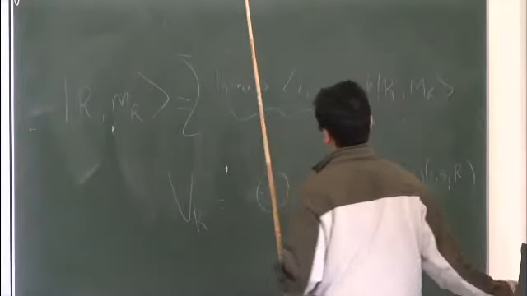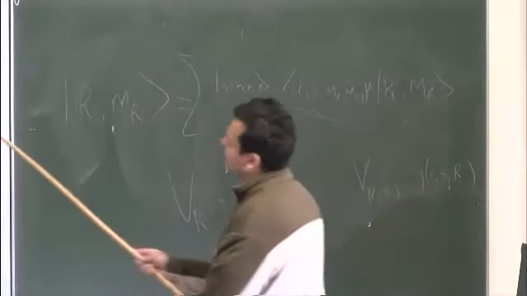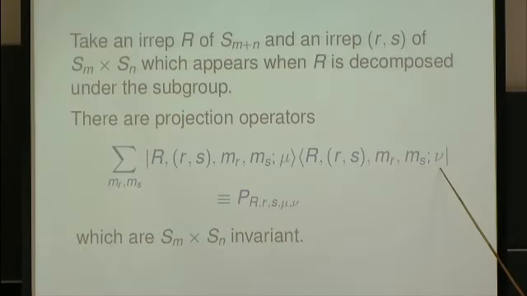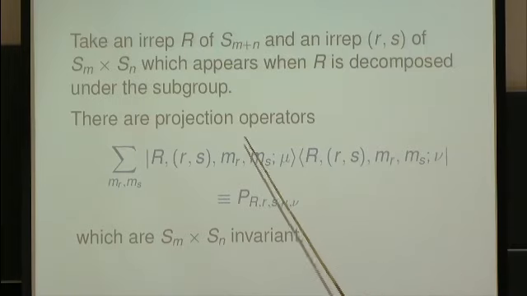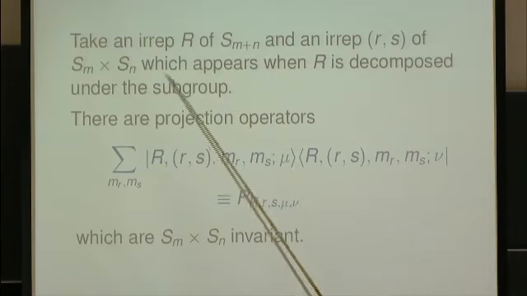Okay. Well, so this projection operator basically is what I've written here, except for one difference, which is that this mu is not the same as this nu. So now I have a projector-like operator which depends on the rep of the big group, the rep of the small group, and the state labels of the small group are being summed.